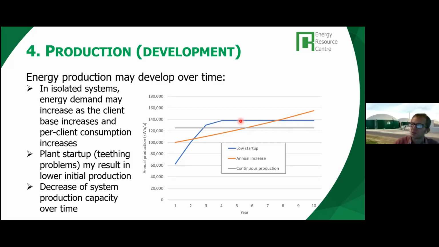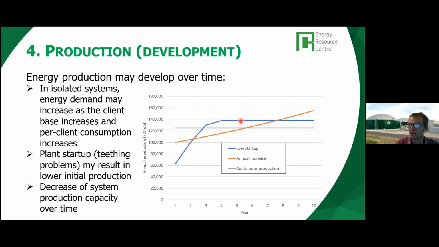You may see for solar projects, for example, that the efficiency of solar panels reduces over time, especially if you have a system that operates at peak output.